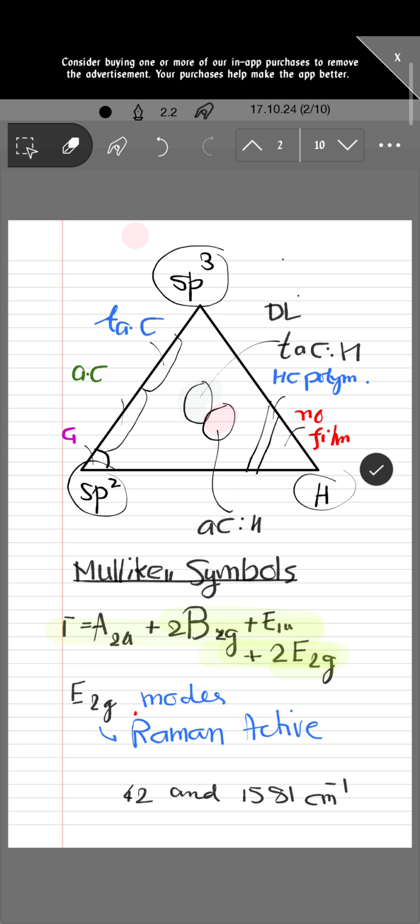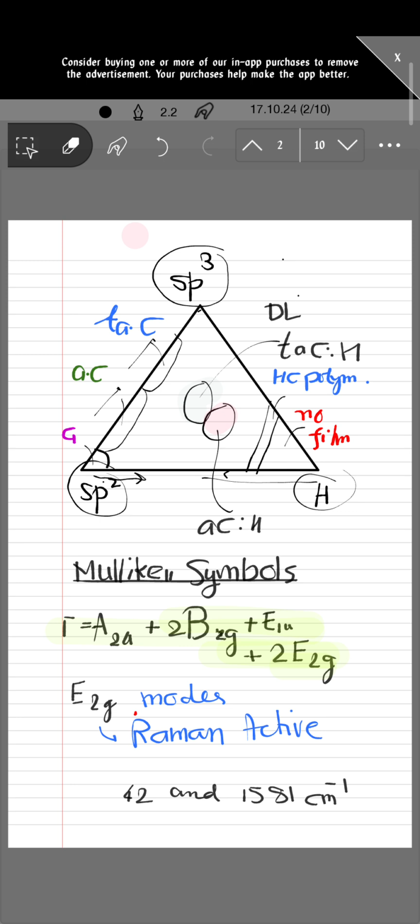Initially, when the concentration is mainly sp2, it is graphitic, but as in the three-stage model, when the percentage of sp3 carbon increases, it moves to amorphous carbon, and then further to tetrahedral amorphous carbon, and this is 100% diamond. In the same way, hydrogen can get incorporated into the material.